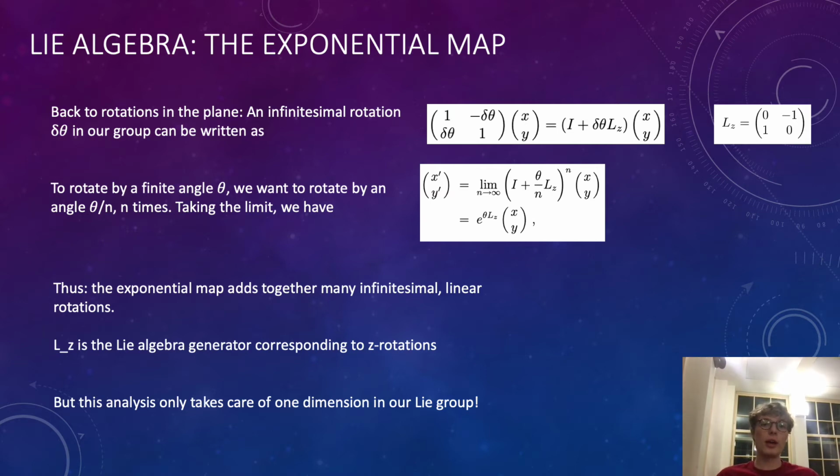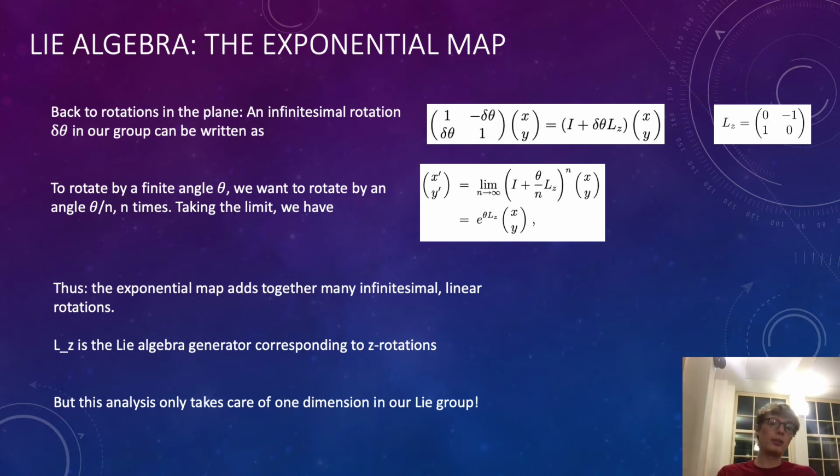And so this is how we see that the exponential map takes these small elements in our Lie algebra and rotates them into elements of our group. In this case, this matrix Lz would correspond to the rotation around the z-axis, and it would be the generator of our Lie algebra.